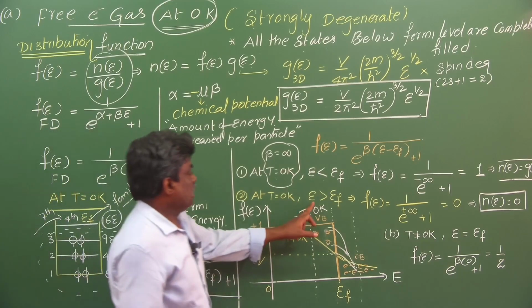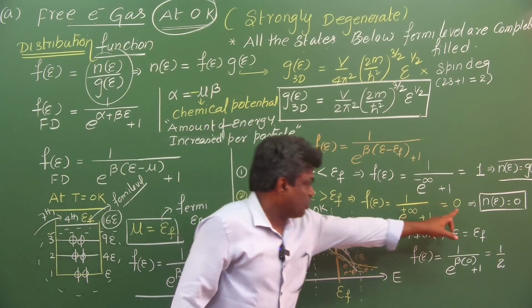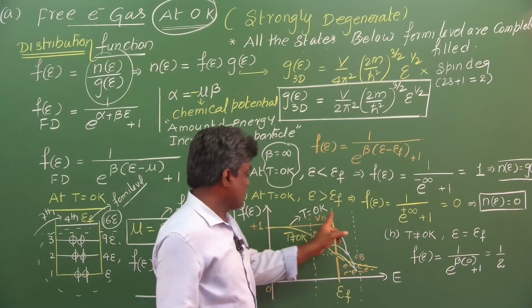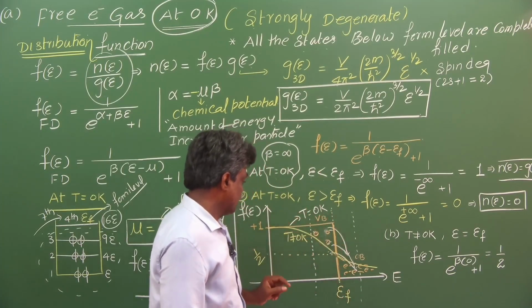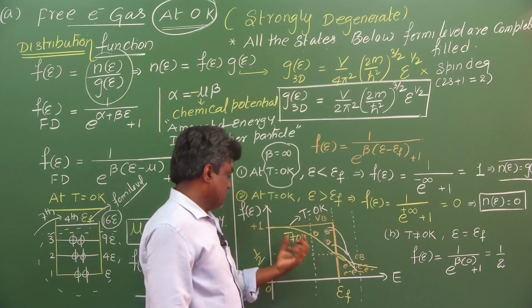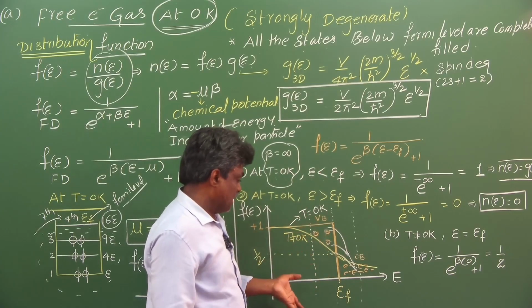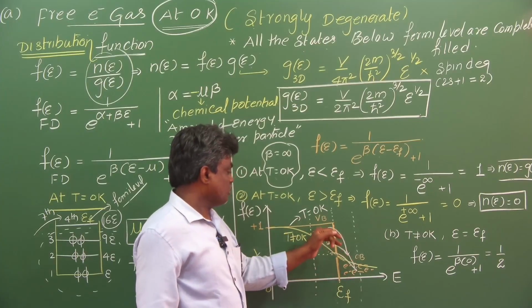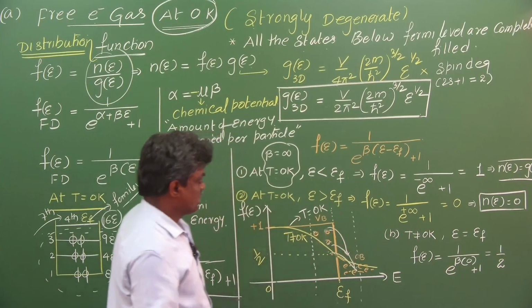So for E greater than EF, F of E gets 0, that means those levels are empty. That's why that orange line is at 0 Kelvin. But here we are checking what happens as T increases. The curiosity at E equal to EF: half of the states are empty and half of the states are filled.